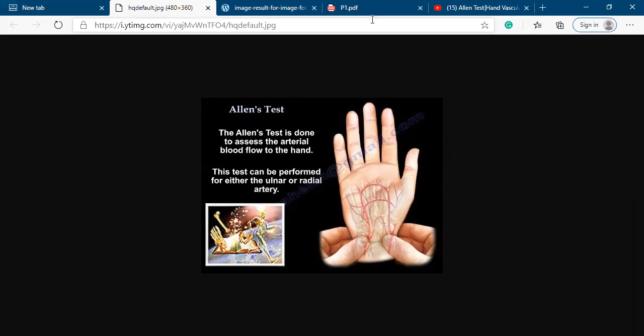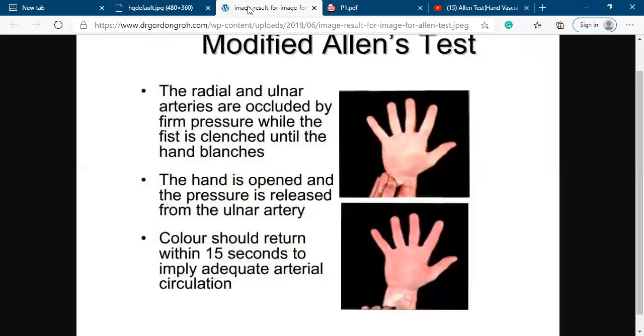When we put pressure on the radial and ulnar artery, hold direct pressure over the site for at least 5 minutes, or 20 minutes if the patient is on an anticoagulant. Don't miss it. Maybe it is a little confusing here: you apply pressure for 15 seconds during the Allen test.